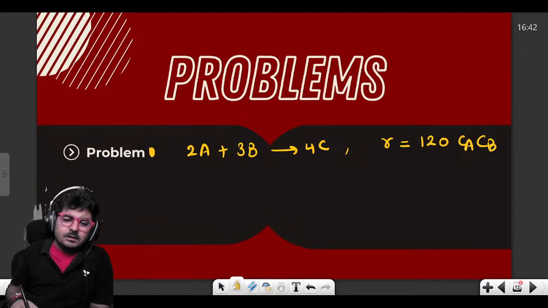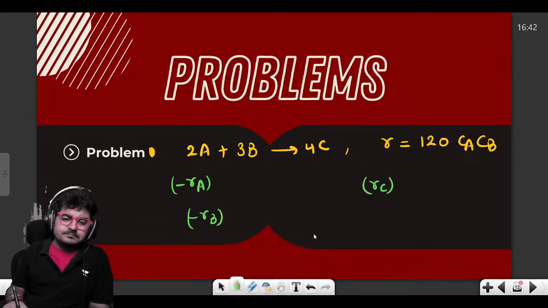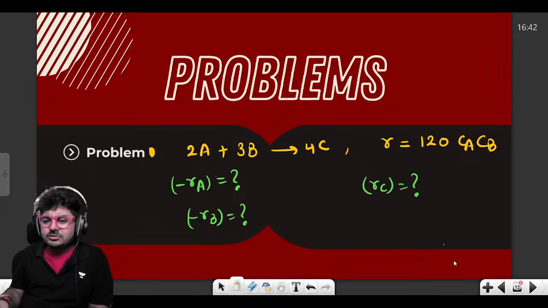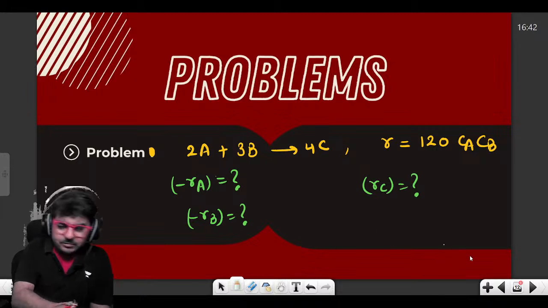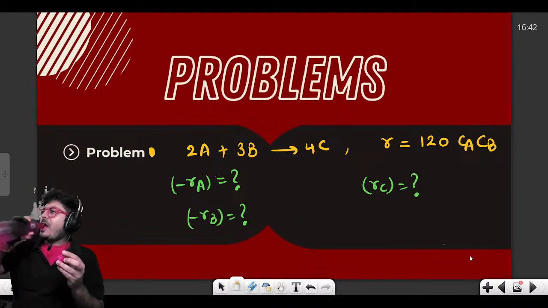Can you tell me what will be minus Ra, minus Rb, and Rc? This is the question. ठीक है, ऐसे क्वेश्चन आते हैं आपके एग्जाम में डायरेक्टली और इनडायरेक्टली.